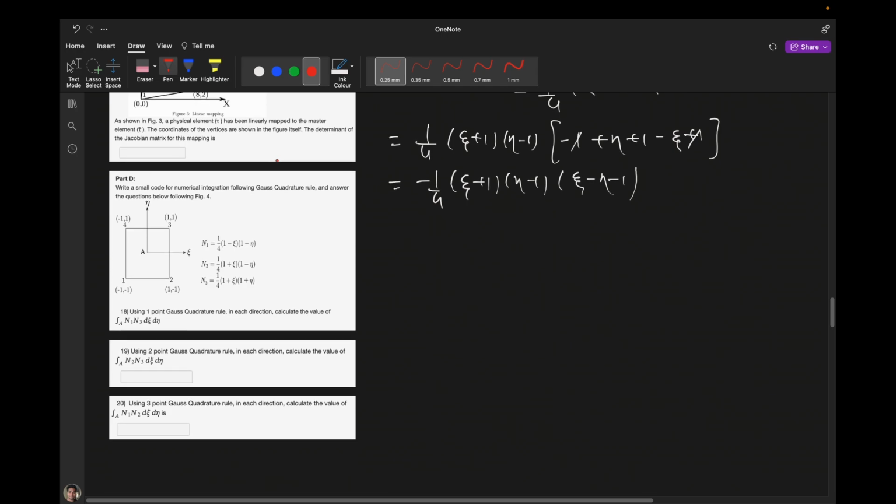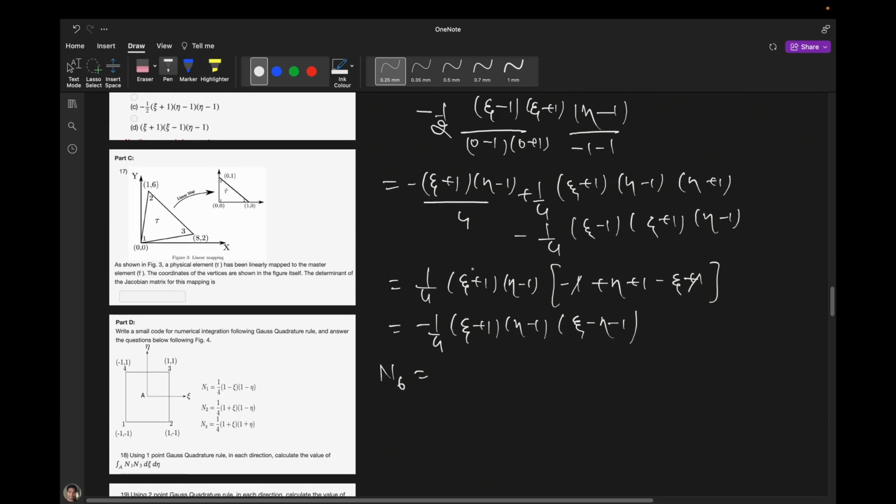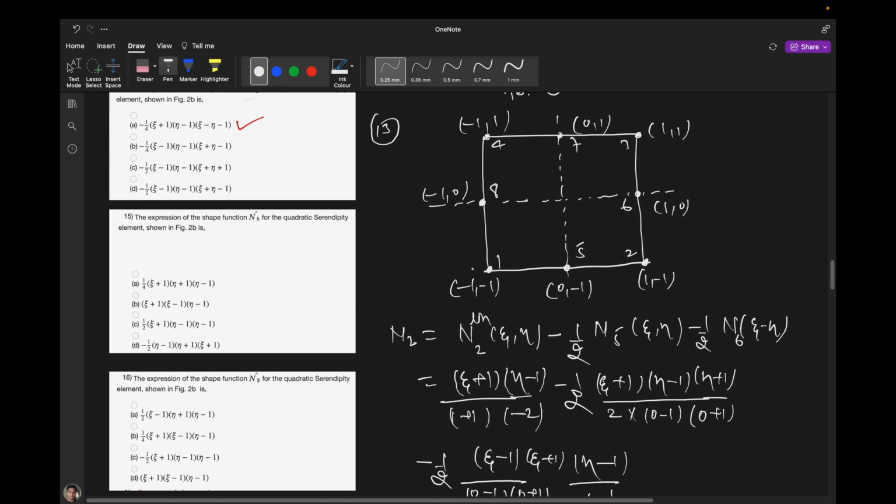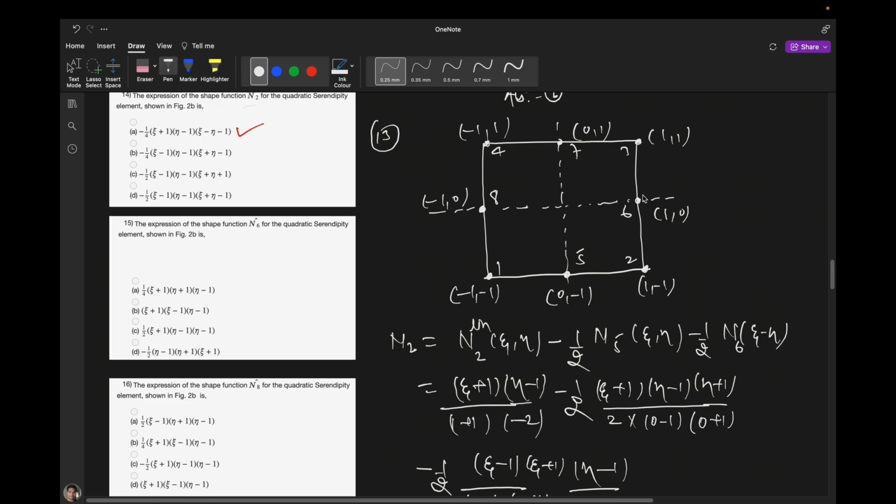Okay. Similarly, if someone wants to find what is N6, for N6 it is very easy, because we can see that N6 should be 0 at this node and this node.